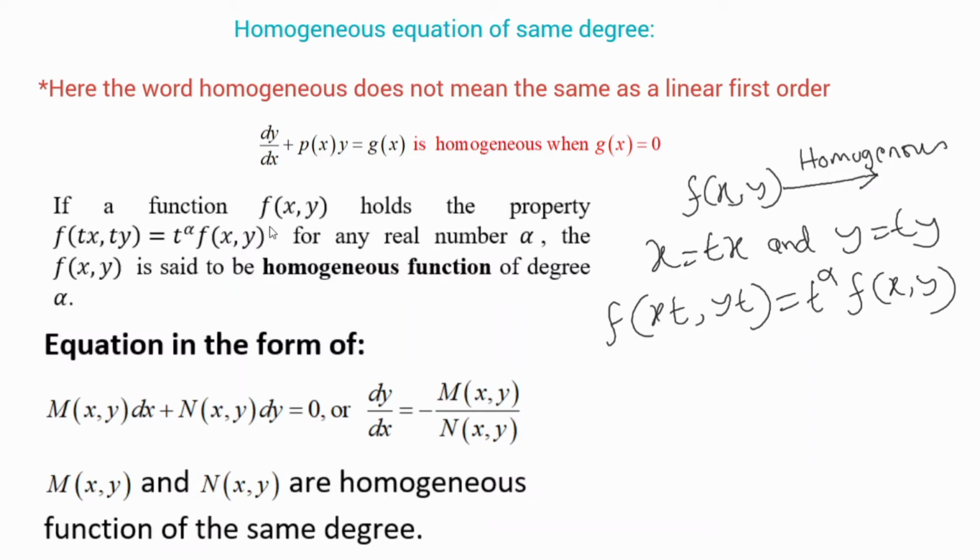So first I want to define what a homogeneous function is. If a function f holds the property that when we put x equals tx, y equals ty, we get the same result as t power alpha times the function of x, y, then we call this function a homogeneous function with degree alpha.